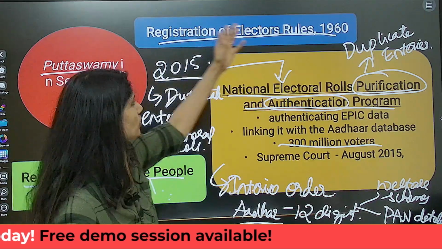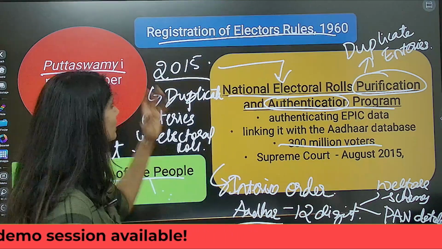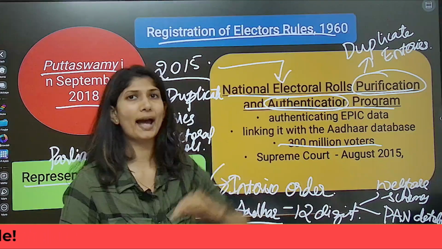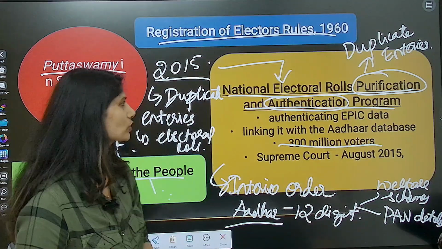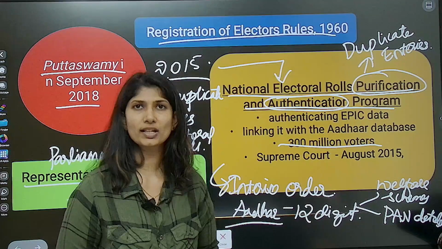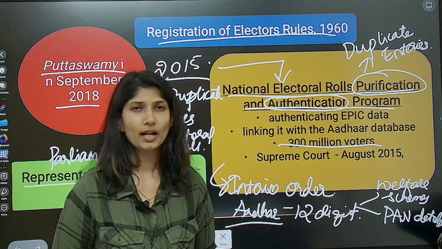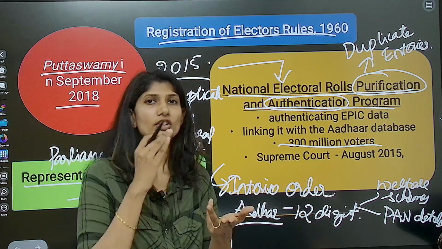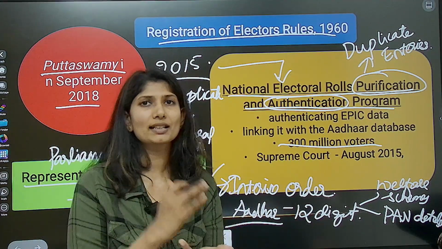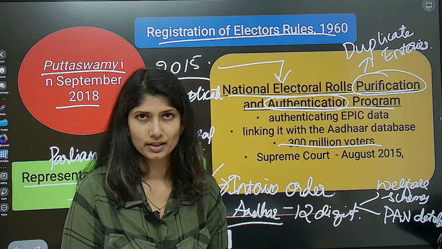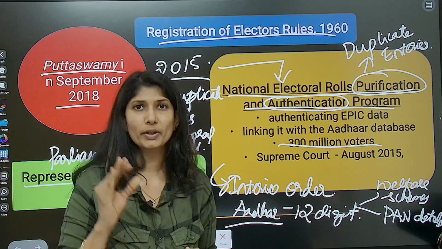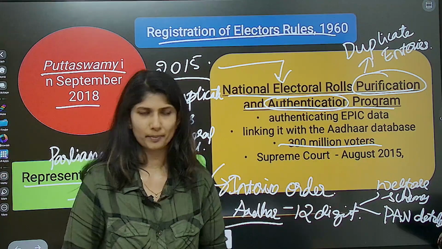The EC brought in the Registration of Electoral Rules 1960, which means with both of these they could bring back your National Electoral Rolls Purification and Authentication program, which means now they can introduce a system wherein your EPIC data and Aadhaar number can be linked together, which will remove the duplicate entries and which will be authenticated again by biometric.